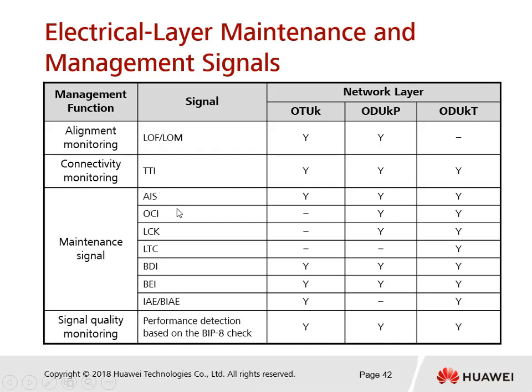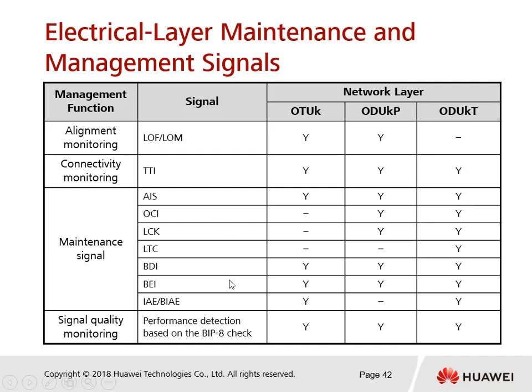For the first three maintenance signals, we learned in the previous course that we can set the status with a 3-bit value. For example, if it is AIS, that means all 3 bits have the value 1. Okay, so here you can find OTUK, ODUK-PM, and ODUK-TCMi can all support it.